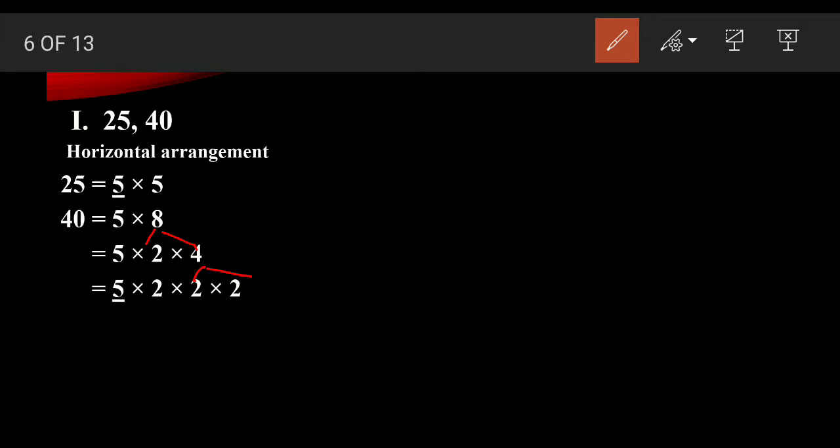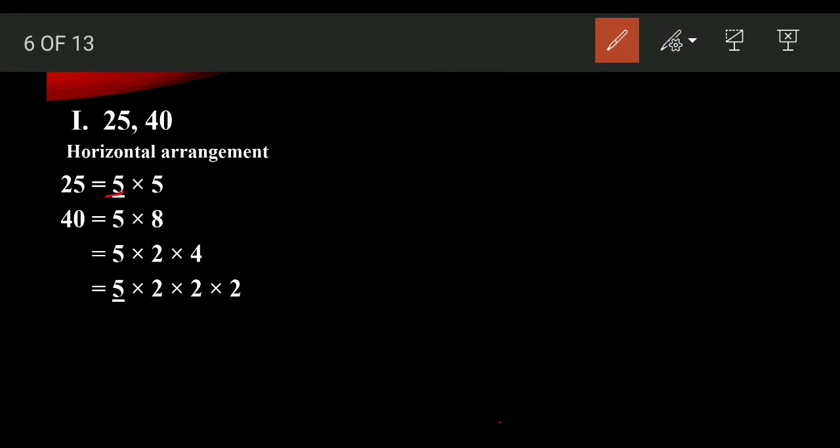So we have factorized both the numbers 25 and 40. Now we have to find what the common factors are among 25 and 40. What is the common number between 25 and 40?